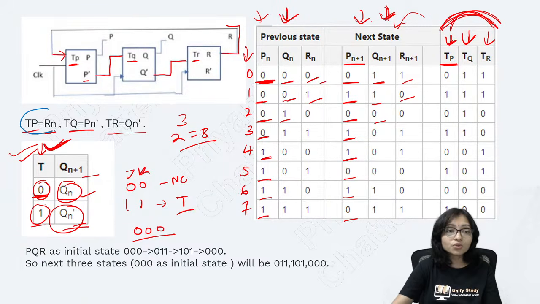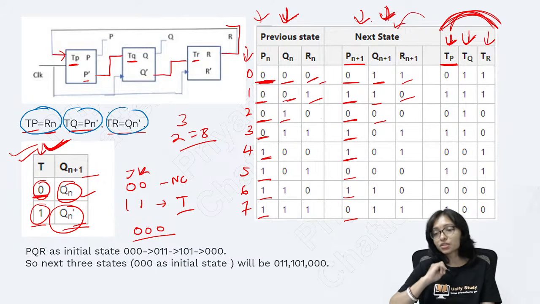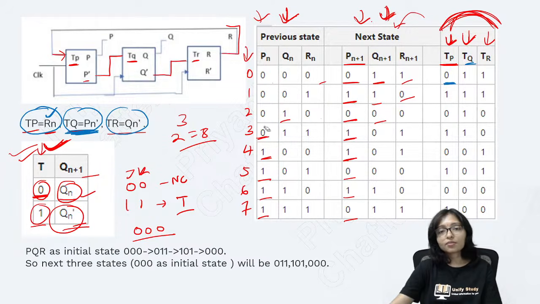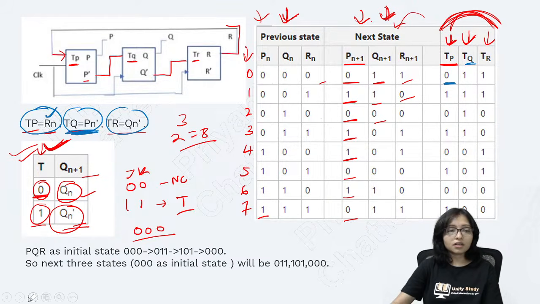How will this be filled? Using these values: TP equals this, TQ equals this, TR equals this. TP equals Rn. Rn is 0, so TP will be 0. TQ is Pn bar. Check where it is coming from here.